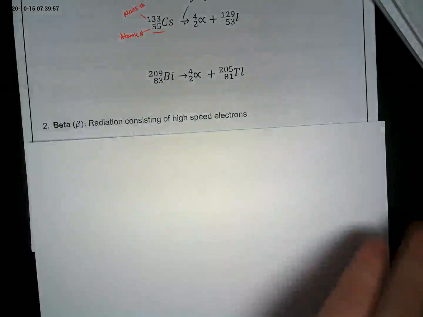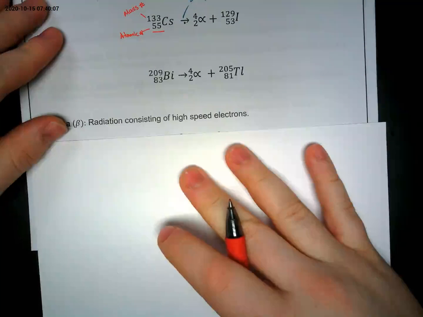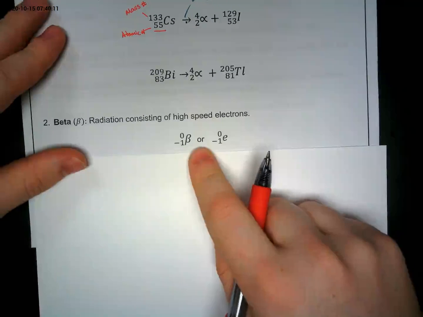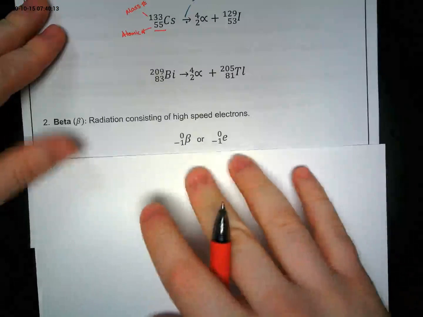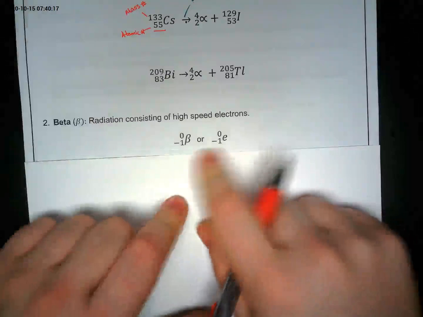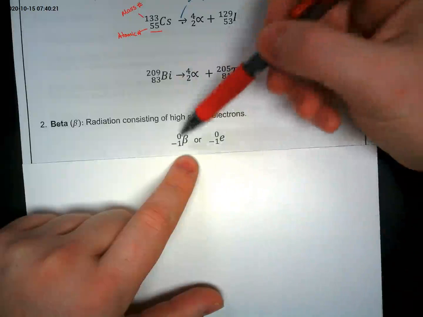That is beta radiation. Beta radiation consists of a high-speed electron. So what's happening here? I'm glad you asked. This is how we denote our beta particle, more or less. Our high-energy electron is really what it should be called. We denote it with beta, or with an e, and then we have 0.